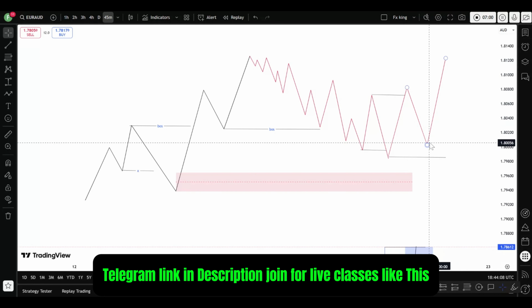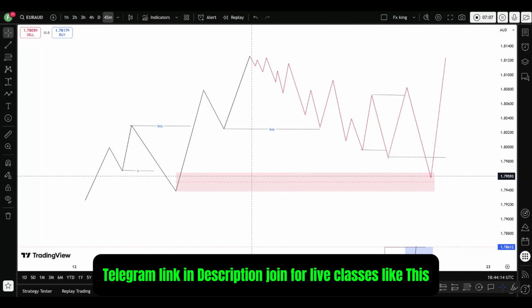But many times you will see the market come down right to your POI to fully mitigate it. Majority of the time, let's say 60 to 65% of the time, the market always comes back and mitigates at least 50% of your POI before it goes up.